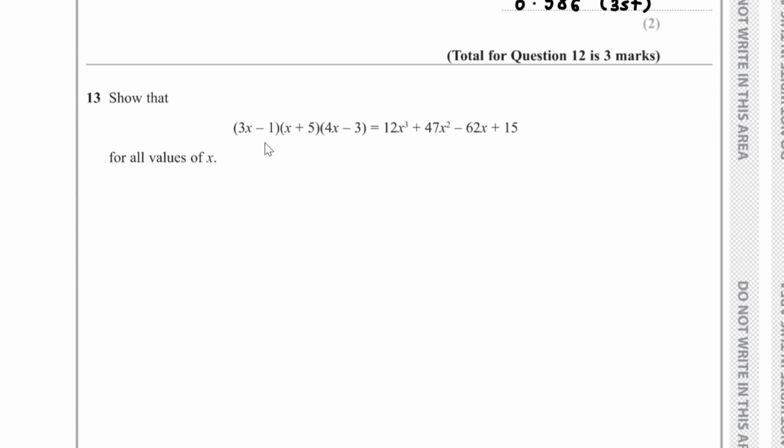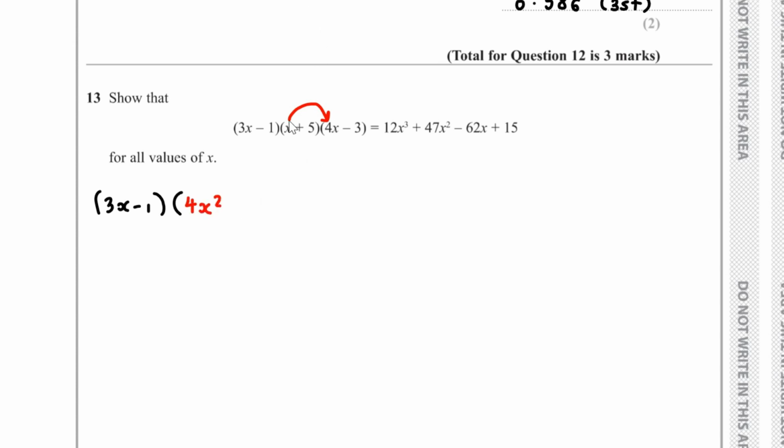Question 13, we have to show that 3x minus 1 lots of x plus 5 lots of 4x minus 3 expands to give 12x cubed plus 47x squared minus 62x plus 15 for all values of x. So what we can do over here is multiply through. Well, here let's just keep the 3x minus 1 as it is, and if we expand with these other two brackets, we have x times 4x, which is 4x squared.